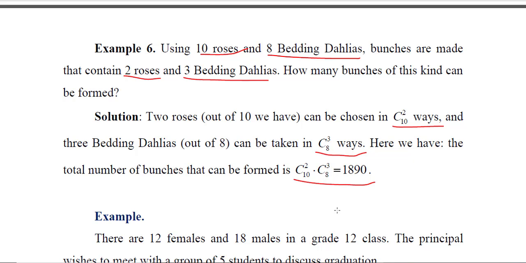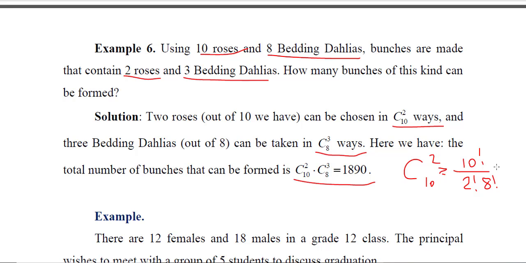And here we have combination 2 from 10. What is it? It is 10 factorial over 2 factorial times n minus m, so 10 minus 2, which is 8 factorial.